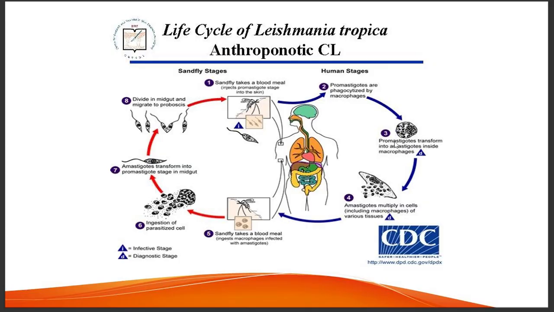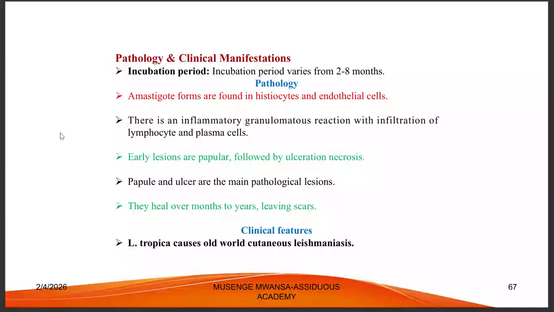In the macrophages, they convert to amastigotes. The amastigotes multiply, break, and then release these amastigotes from the macrophages into other cells. Once you are bitten by another sandfly, it will take up the amastigotes, which will convert into promastigotes, and the promastigotes again can be given to you when you are bitten again.